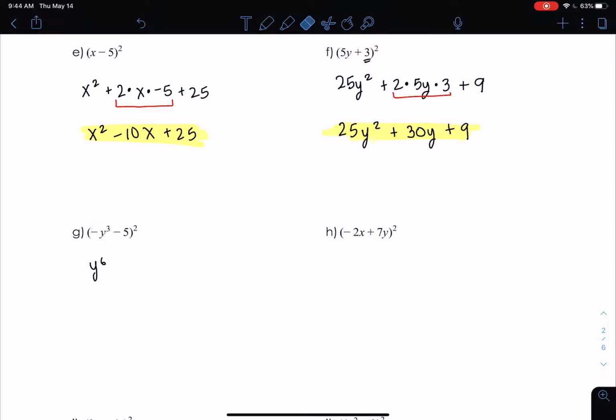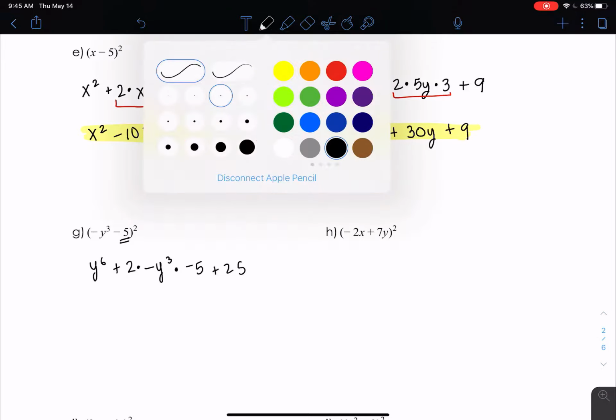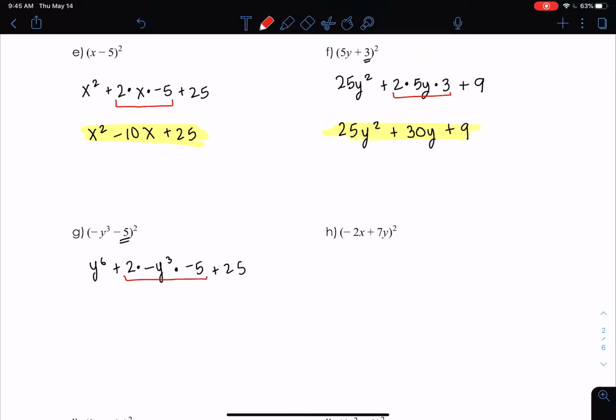Okay, cool. So we squared our first term. Now we're going to write plus 2 times a, which is negative y cubed, times b, which is negative 5. And now we're going to add b squared, so that's plus 25. Now remember, all of these in the middle is our middle term, so don't go combining these numbers, 5 and 25.